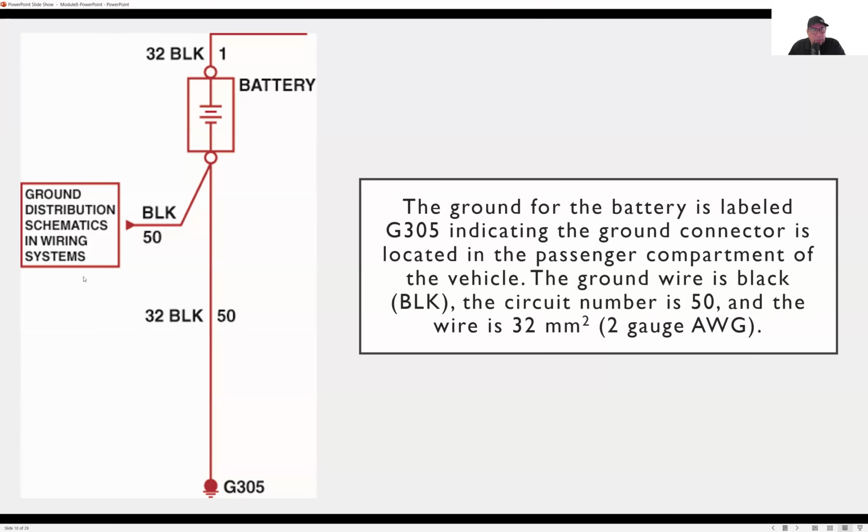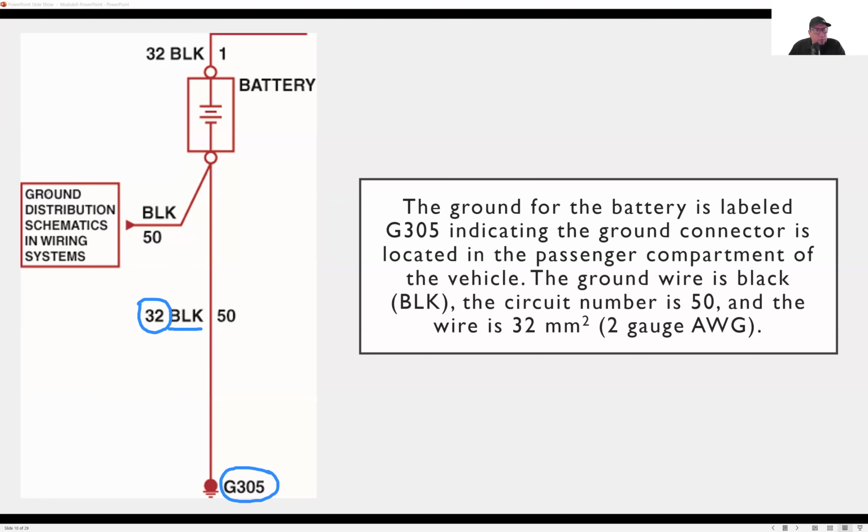Again, if we look at this one, what color is the wire for the ground? It would be black. Okay. What size is it? 32. So 32 millimeters squared is the size. So it's a big wire. Our G305, which is our ground number, is going to be located within the passenger compartment.